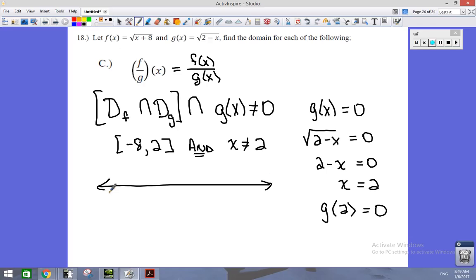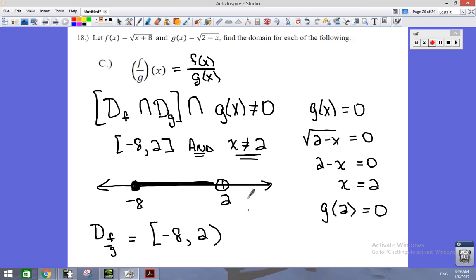I've got -8 that is in my domain, but +2 now has to be excluded because it causes division by 0. So the domain for this f divided by g is from -8 to +2, excluding this endpoint +2. So it was just a minor change, but an important change.